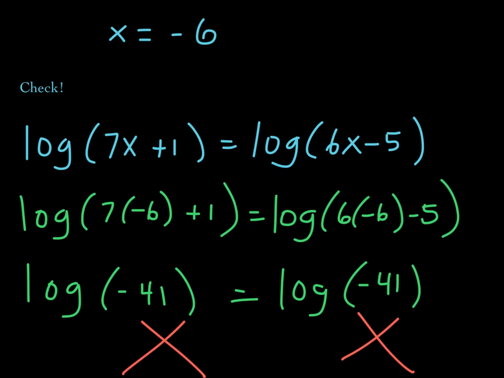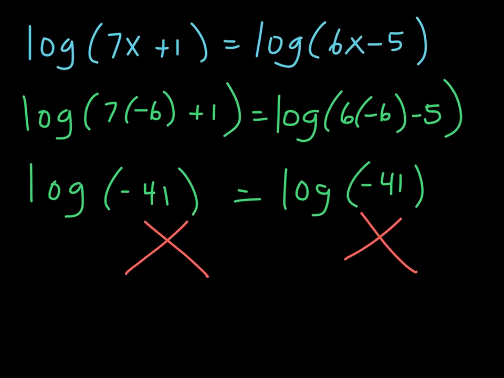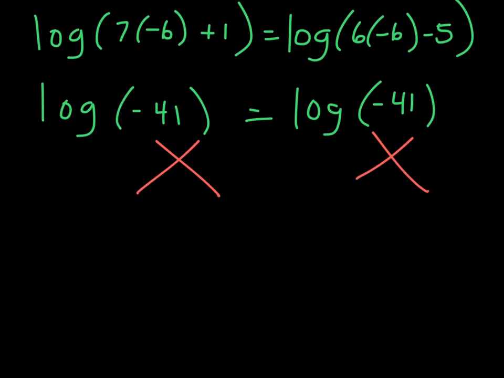So what that tells me is this solution, x equal to negative 6, must be an extraneous solution. But wait a minute. The one and only proposed solution that the algebra provided does not satisfy the original equation. The only answer that I found actually doesn't work. That must mean my final answer is just no solution.